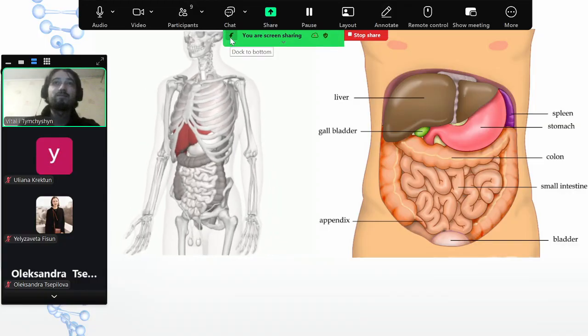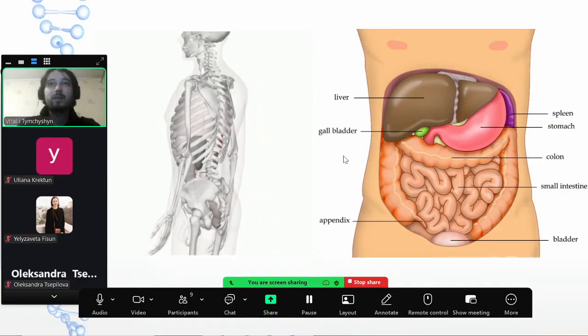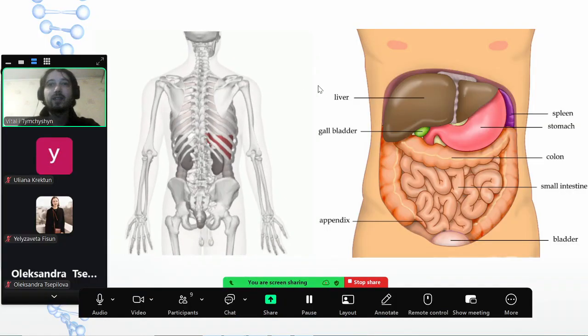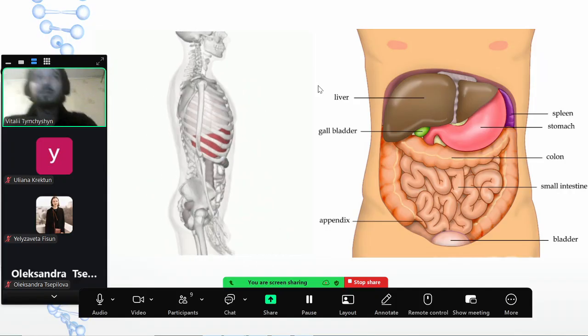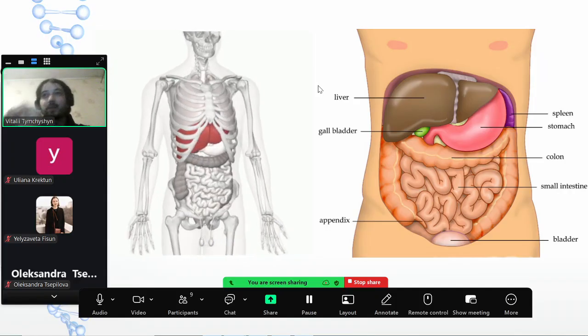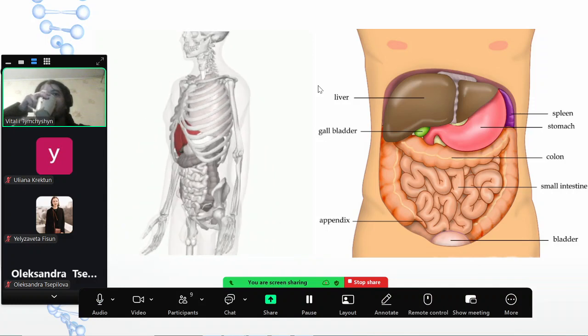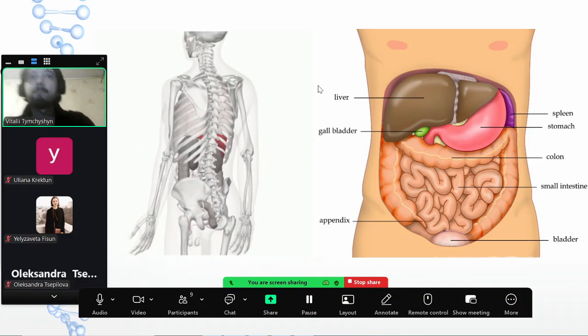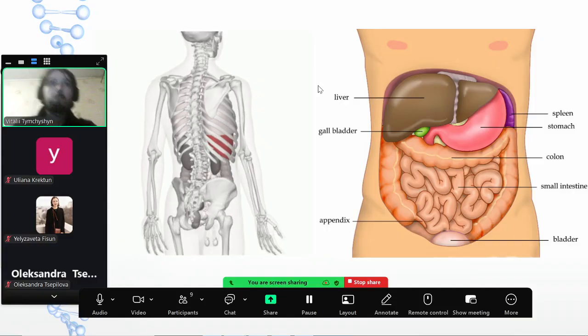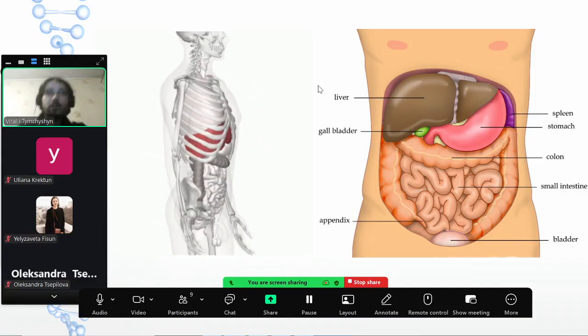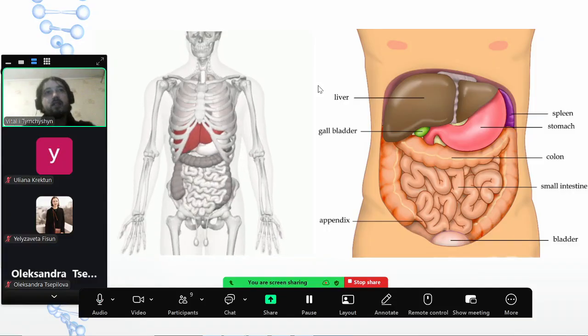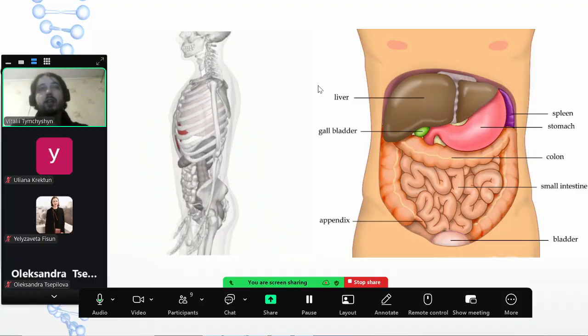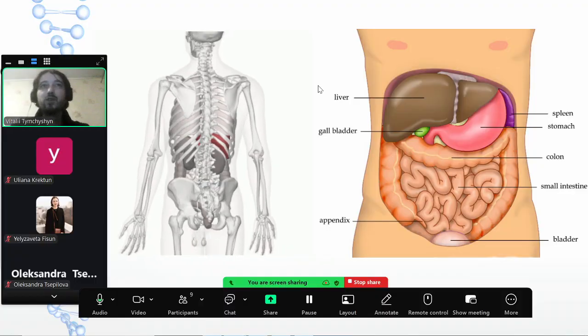Who knows? Any ideas? Nope. I guess we have seen these enzymes somewhere in our lectures. I just can't remember where it was.